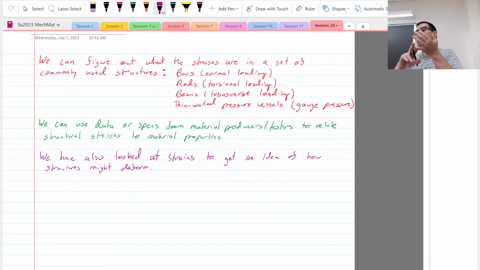Okay, we have a bunch of tools in there. All right, we have the tools of the stress transformations. We have tools associated with calculations relating the strains to these deformations in the beams that we're seeing. We have a number of expressions that we've derived to be able to figure out things like PL over EA.